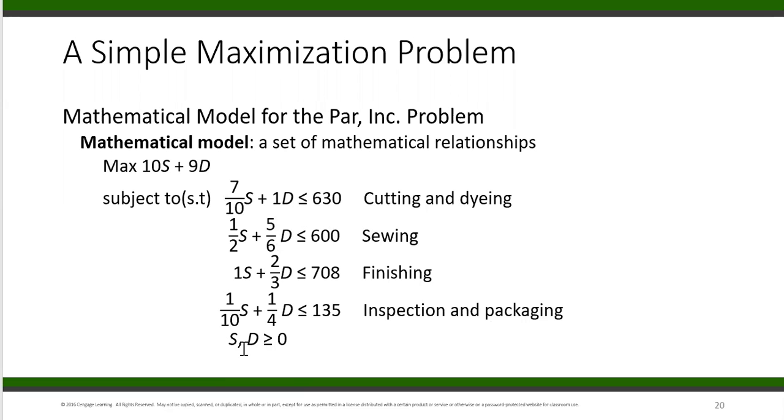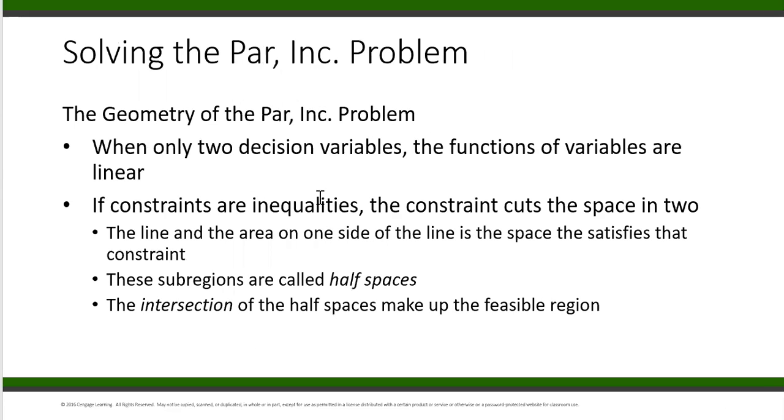In total, 6 constraints. As you can see here, our 4 constraints are in inequality form. When we have constraints in inequality form, they actually cut the space into half spaces. And then only one of these half spaces is going to be feasible.